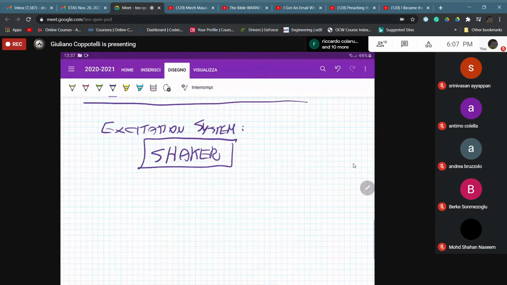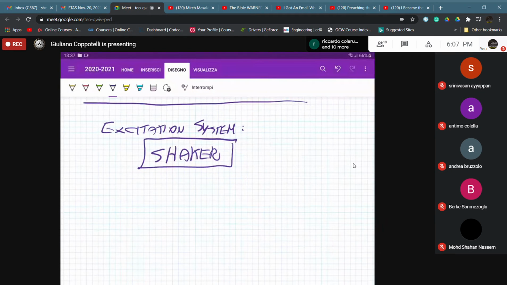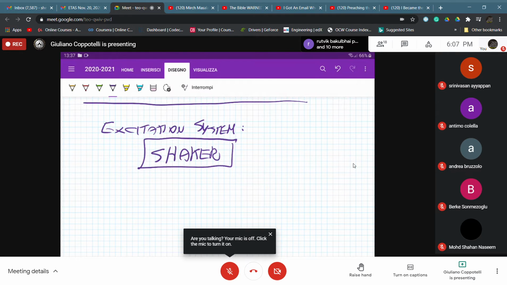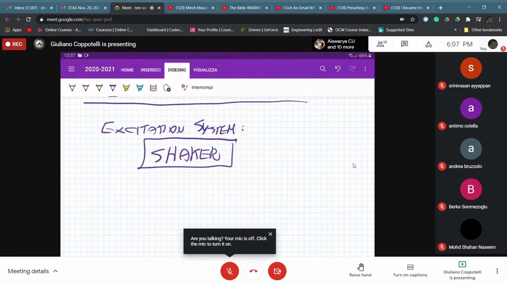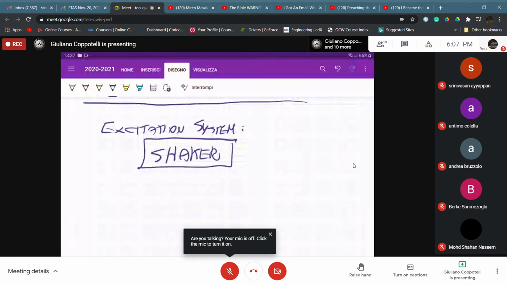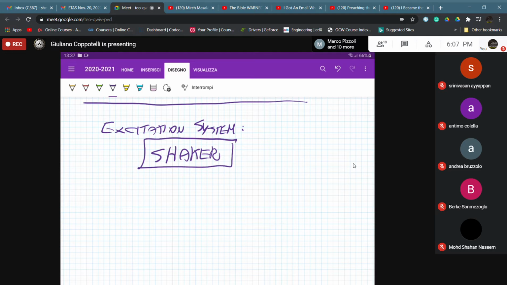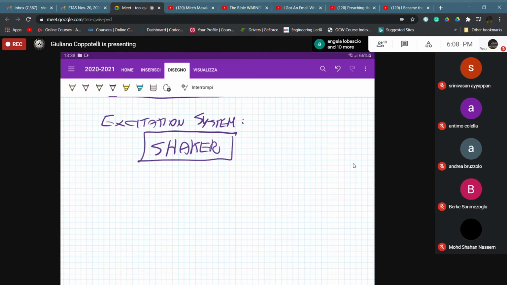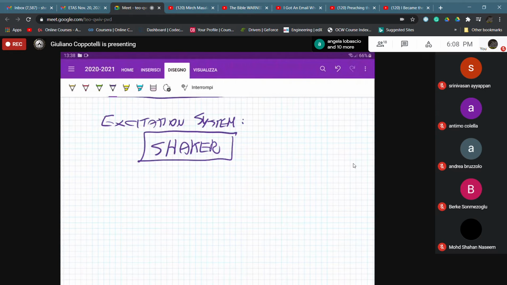The shaker is a transducer that is capable of transducing whatever electric wave into a corresponding mechanical wave. How can you do that? By considering a coil surrounding a movable rod that is operating in a magnetic field.